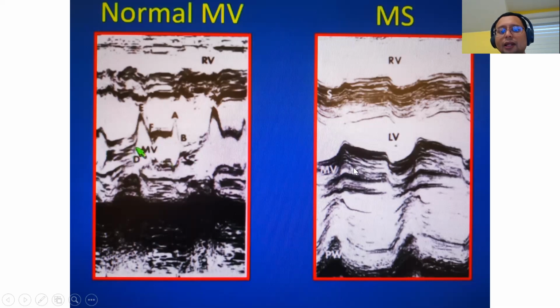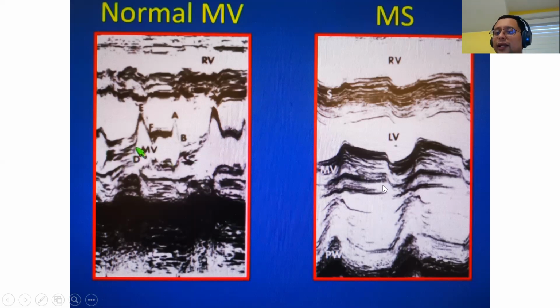Number two, look at the anterior leaflet. Normally it is thin, but look at this anterior leaflet, the black thing. It is very thick. Next, look at the posterior leaflet. Remember, the posterior leaflet should go opposite to the anterior leaflet, but in rheumatic mitral stenosis it follows the movement of the anterior leaflet.